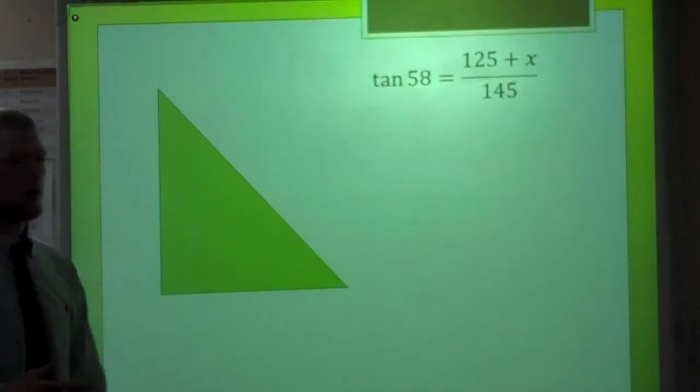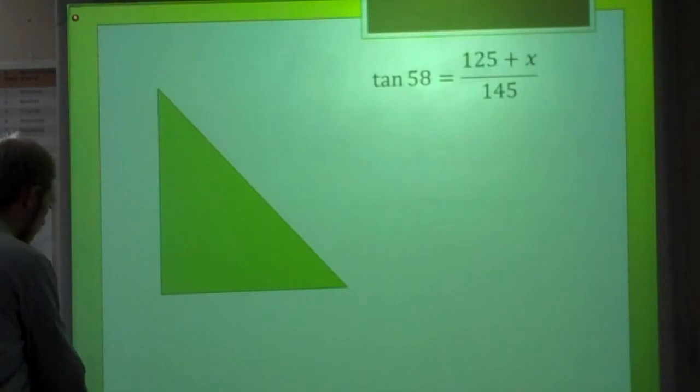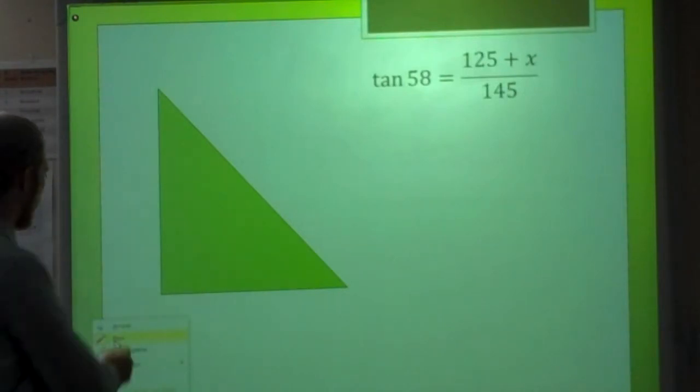Well, the first thing we know is that we're going to have a triangle. And I'm going to do some quick sketching so you really understand where the different things came from.